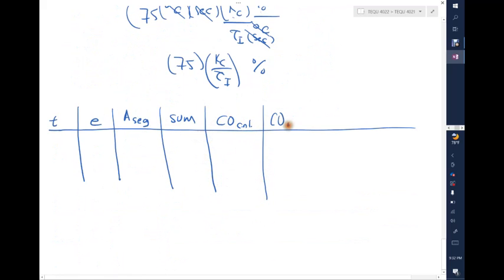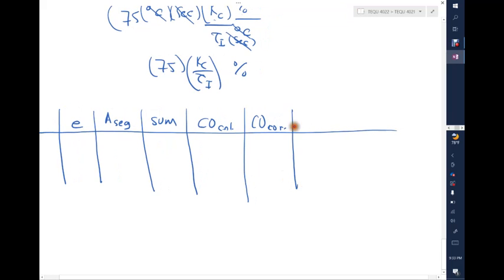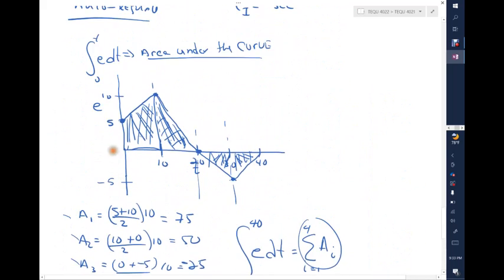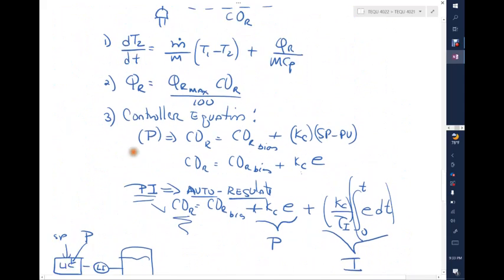So you need to correct the CO for whatever reason, you know, above 100 you put 100, if it's below 0 you put 0, and after that then you put, for example here, the QR, because that's the variable that you are manipulating, and finally the temperature, which as I was saying before, since we are starting this process from a steady state value, remember that state value is coming from above right here.